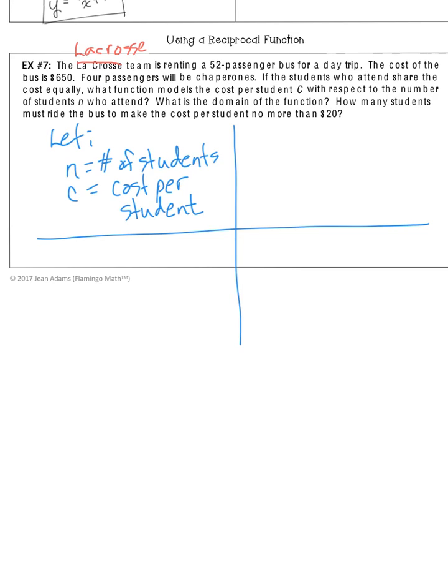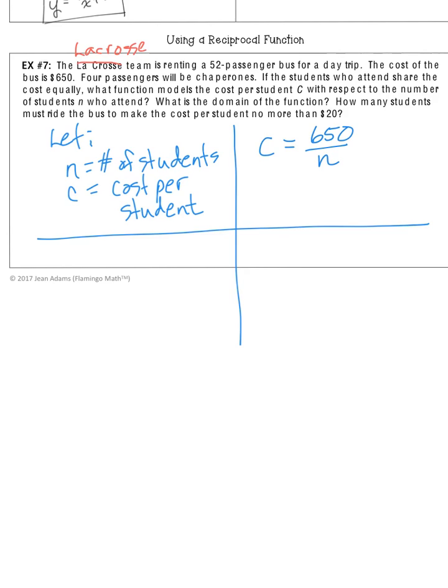I know that I can only have at most 48 students, but what if I only have 10 students? I don't know how many students I'm going to have, but wouldn't I take that total cost and divide it by the number of students? So cost is going to equal the $650 divided by however many students are on that bus.